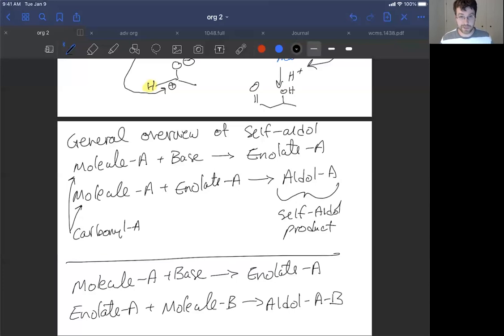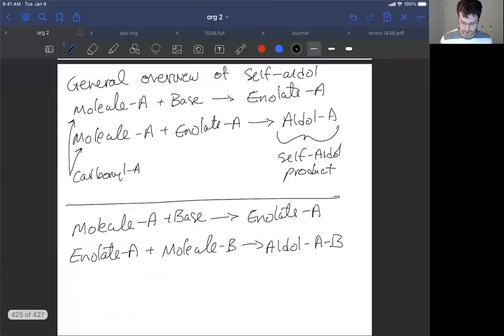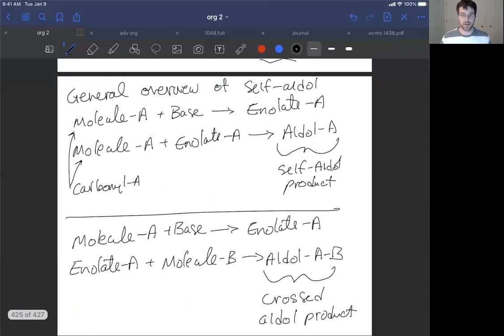So aldol BA would be different, but this would be a crossed aldol product. So hopefully that's a little bit helpful, more helpful than my wordy definition. Here, the molecule that forms the enolate in the crossed aldol is different from the molecule that reacts with the enolate. But in a self-aldol, both the electrophilic molecule, the one that reacts with the enolate, and the molecule that formed the enolate are the same molecule.